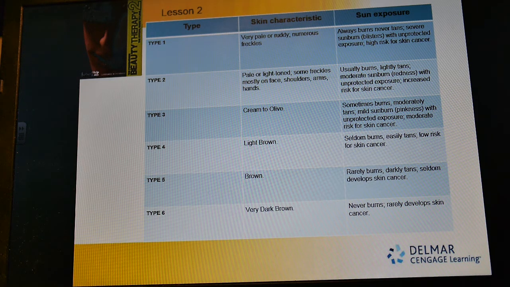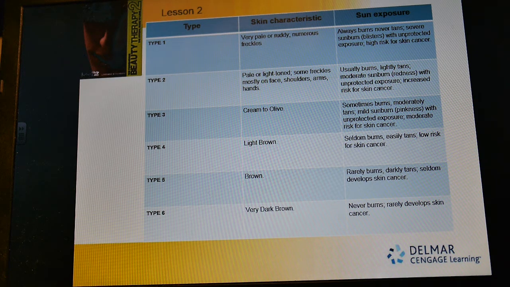So if you get someone with this skin type, in your aftercare advice, you may want to make sure that you advise that they use sun protection because of this reason. You can refer them to this table and let them know all about that. Type 2 is your pale or light toned skin, so someone like me, some freckles mostly on the face, some on my shoulders and arms as well.